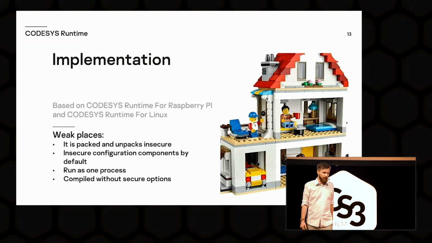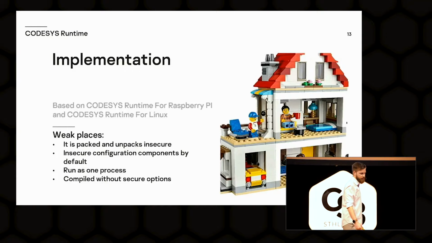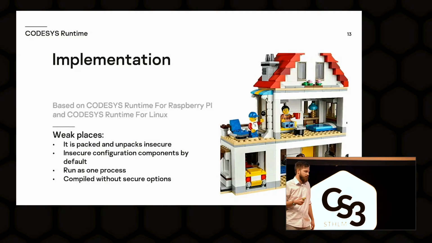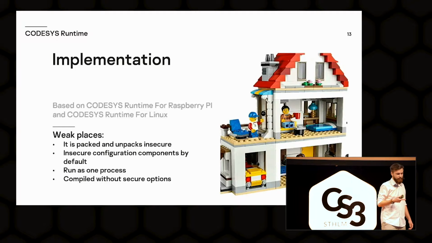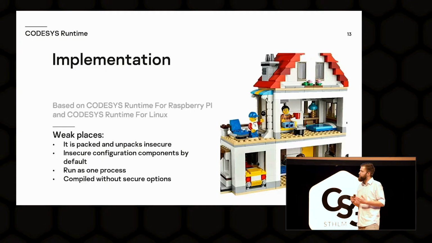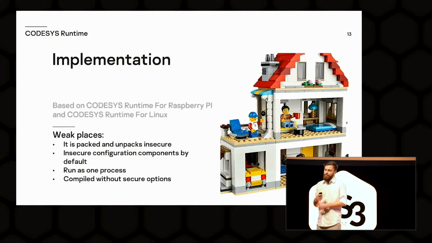So let's talk now about the state of the executable files, and there are a lot of interesting things. First, both of these files are packed, and when CODESYS runtime runs, it unpacks them in an insecure way. After the unpacking, CODESYS Runtime opens one big point that makes exploitation of a binary vulnerability easier than it could be.